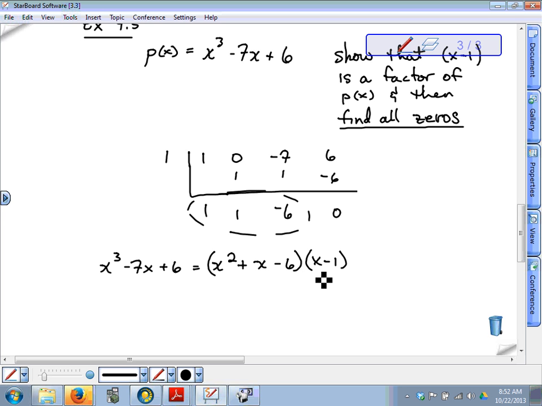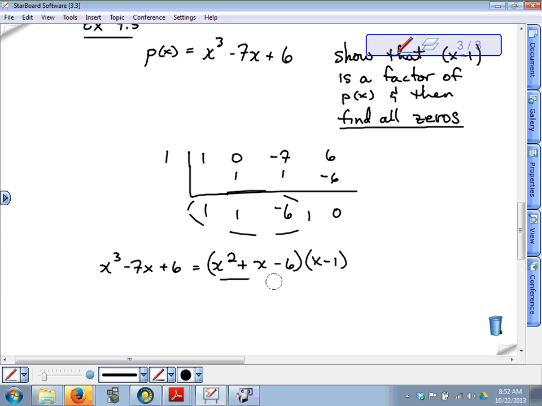What proves that this is a factor? How have we proved it? Well, if you multiply both sides together, you get the original. True, and we've shown that there's a remainder of 0. Okay, now take a look at this, the quotient, x squared plus x minus 6.